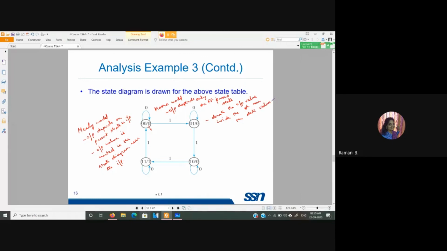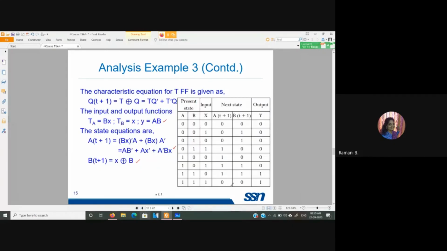As this is dependent on the state, you will have the same value with respect to A and B. So here you can see for AB equal to 1, 1, your output is 1. And this is corresponding to state 1, 0.